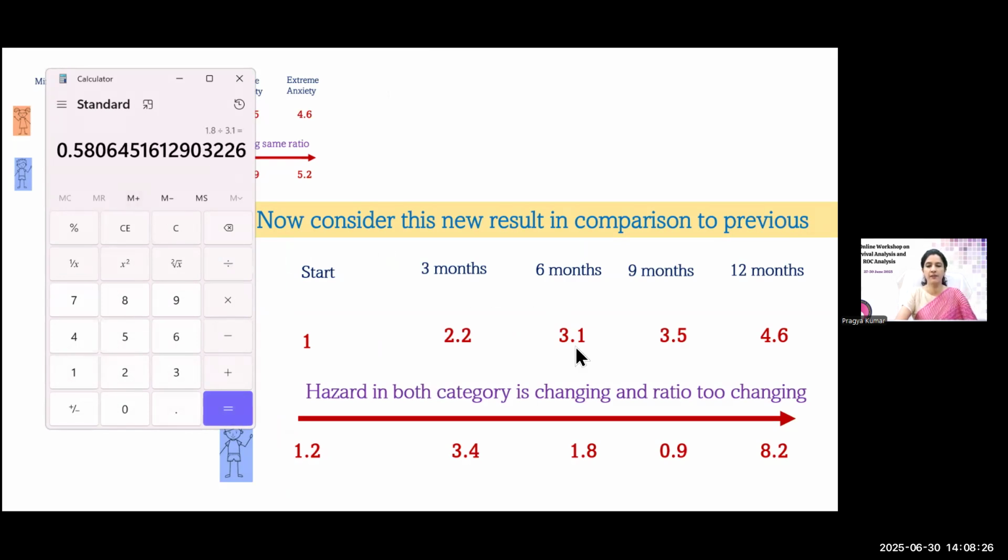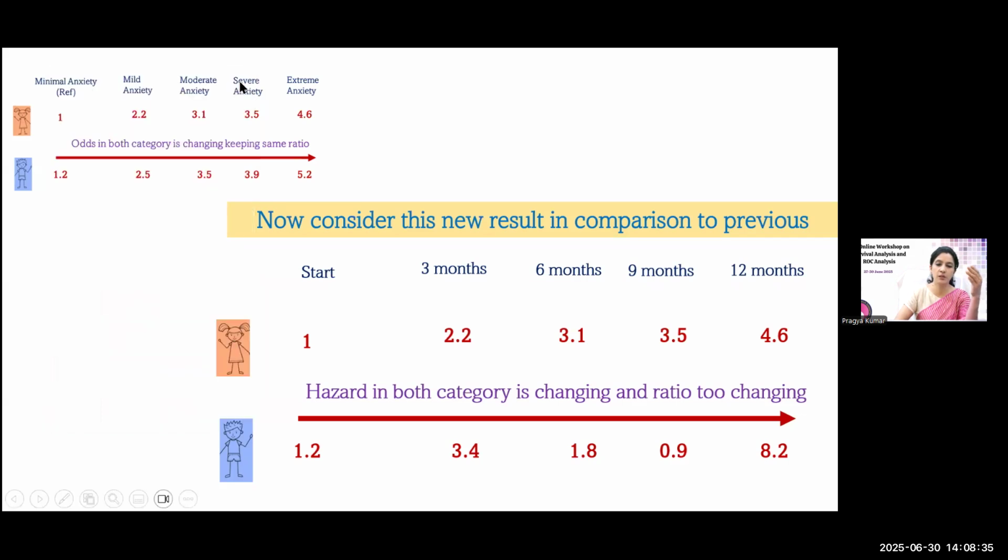It is 0.58, so now it has decreased. Sometimes it is more than 1, sometimes it is less than 1. Then we can say that the hazard ratio is not constant with the passage of time. That means at start it was 1.2, at 3 months it was something else, at 6 months it was something else. So the hazard ratio is changing over the passage of time, and then we say that the proportional hazard assumption is not met in this case. Why? Because the hazard ratio is changing. In that case, you can't take this variable into your analysis.